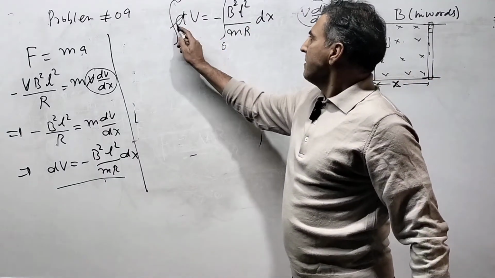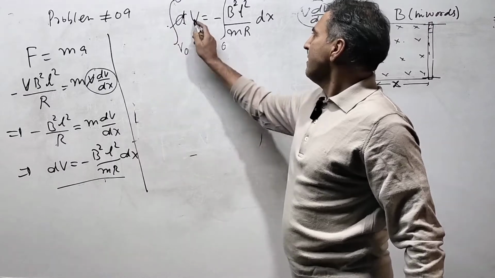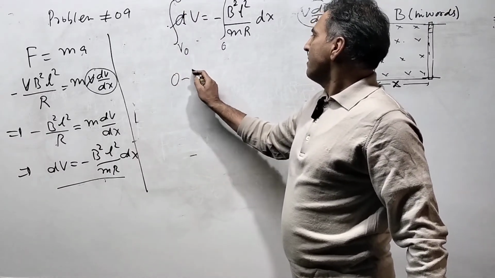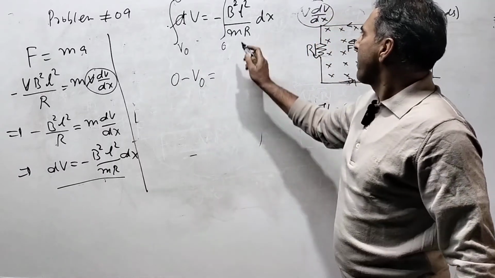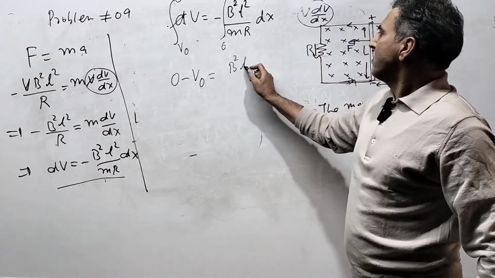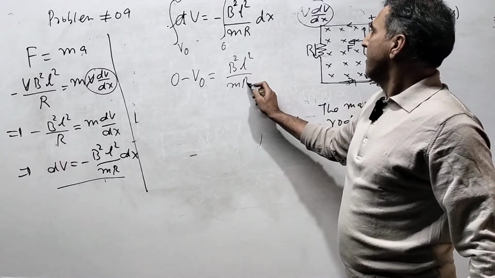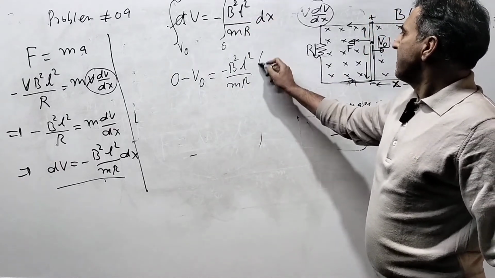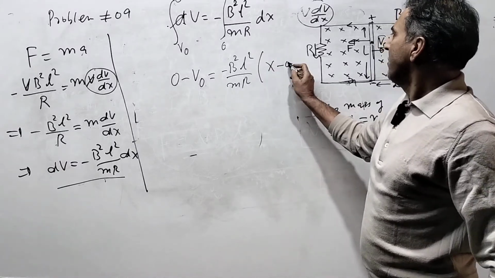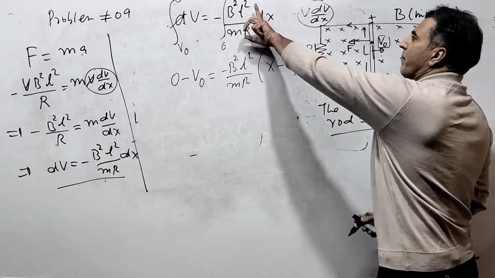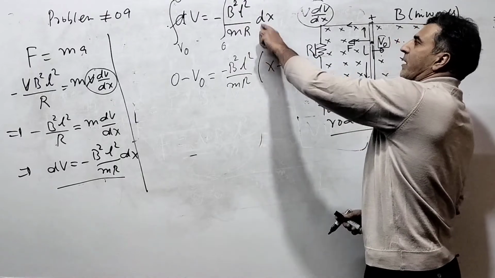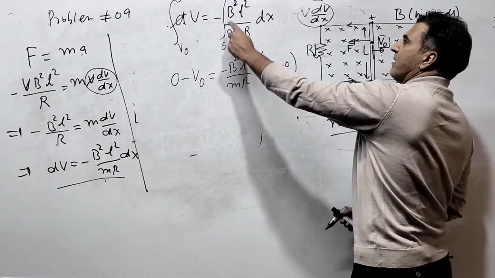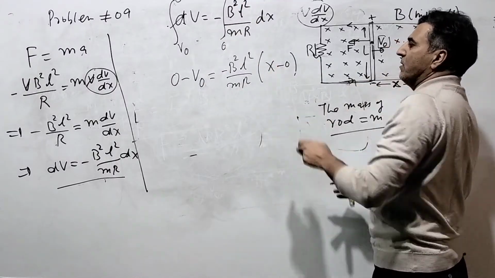Now differential and integral cancel, so it is V under limits of 0 and V0, that will be 0 minus V0 is equal to minus B square L square by MR outside, and the integration of dx is x minus 0.